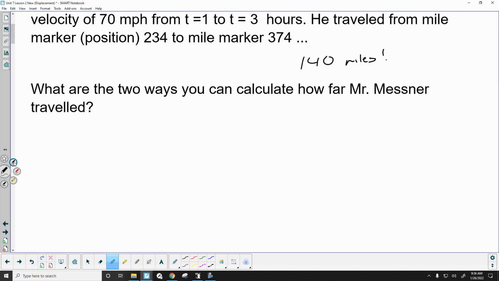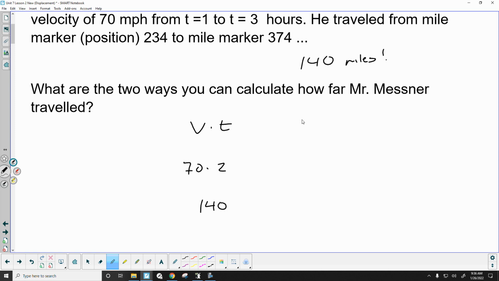Good. You're probably familiar, maybe from middle school, maybe from physics, the whole distance equals rate times time, right? The whole velocity times time gives us how far we've traveled. I could do 70 times 2, and I got 140.